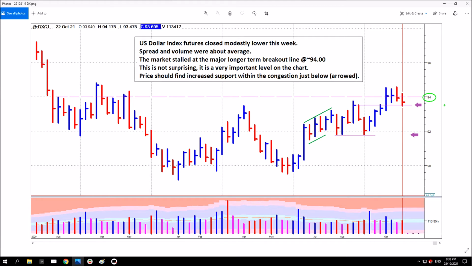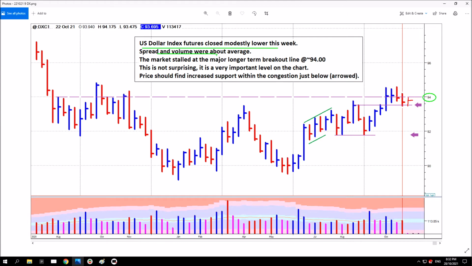At the moment, after 3 days trading, the weekly bar is sitting just below that 94 level. It's a little bit higher than last week's close, but there's still 2 days trading to go. So we'll see. Now, I'm going to race through these pretty quickly so as not to make the video too long. US dollar index futures closed modestly lower last week.